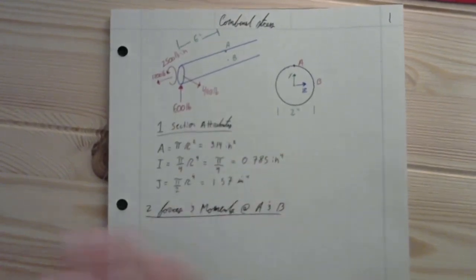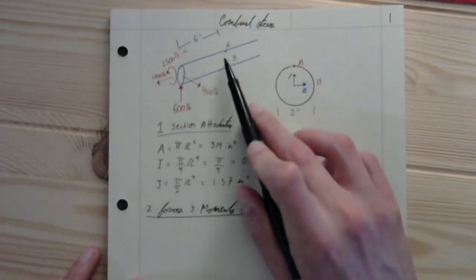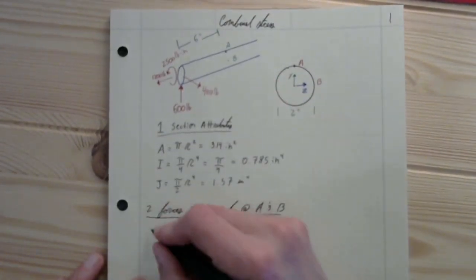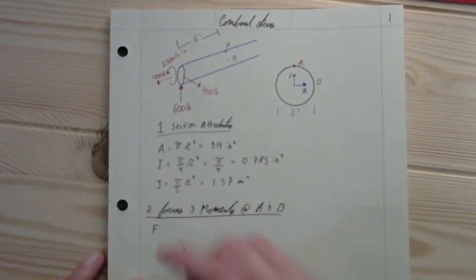Obviously we're going to have 6 degrees of freedom and thus 6 moments and forces internally at this cross section, 1 for each direction, and then 1 for each rotation about each direction.